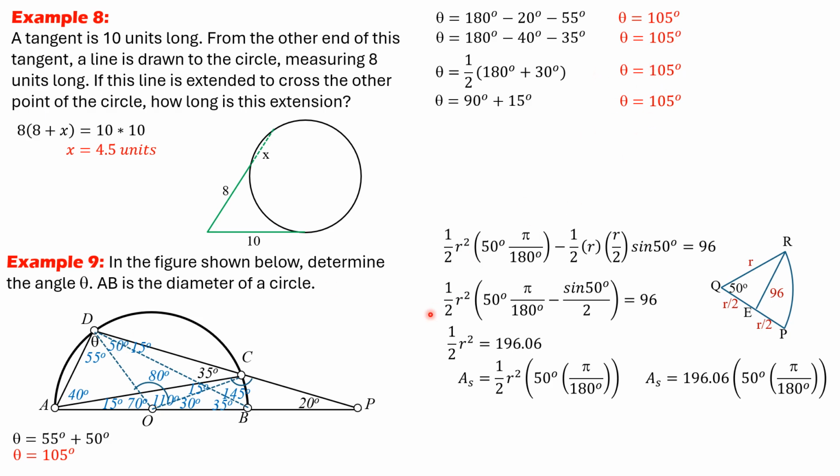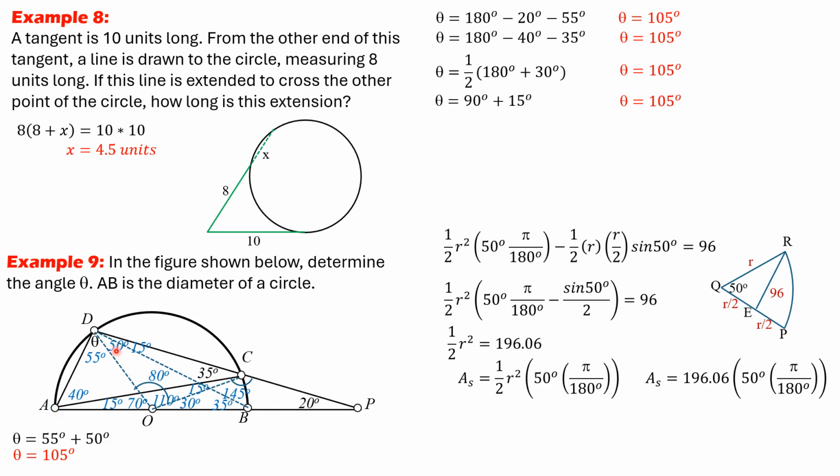Then finally, considering triangle ADB, notice that the angle ADB is 90 degrees, half of 180 degrees, because that point is an end point of the diameter, another end point of the diameter, so 180 degrees.